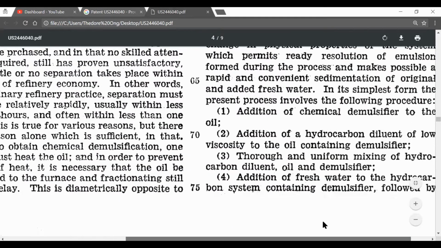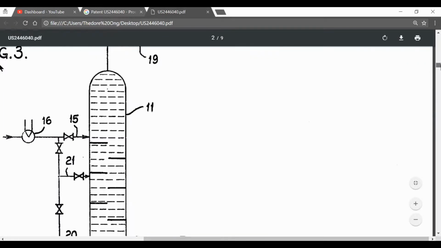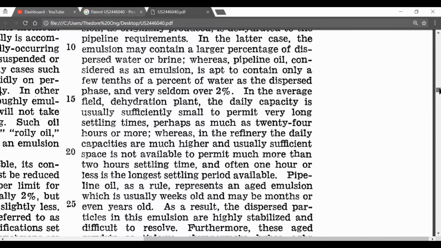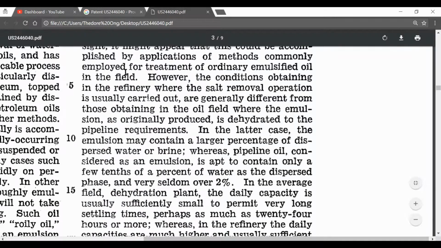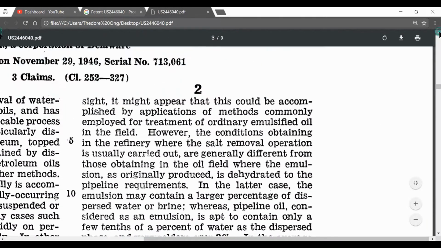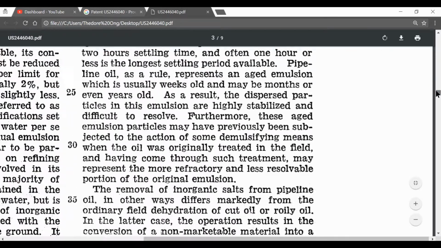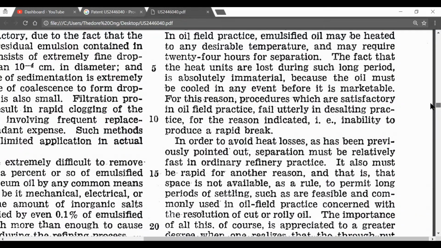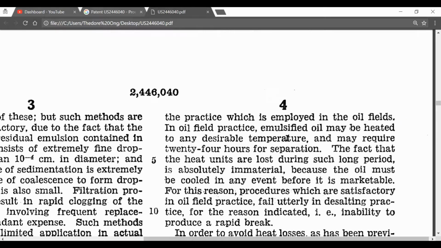This is diametrically opposite to the practice which is usually employed in oil fields.